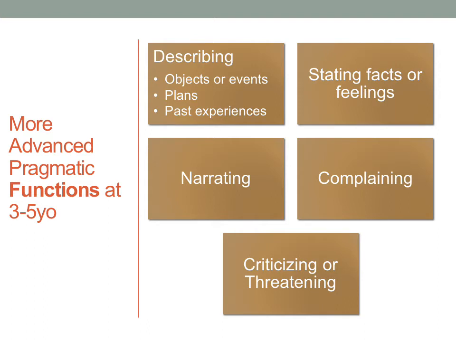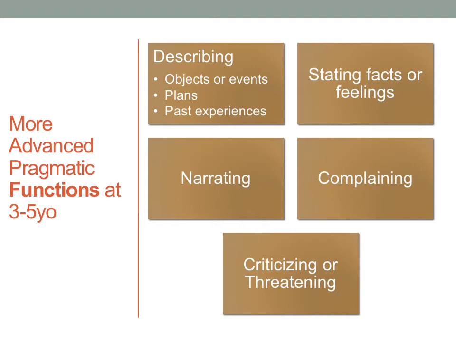Another function at this age is narrating, so telling stories that are more sequenced and being able to share multiple parts of a story. Complaining comes in here, being able to complain. They get more sophisticated in their ability to reject or to negotiate or even manipulate what other people do. Again, think about the cognitive leap that had to happen in order for them to be able to do that.